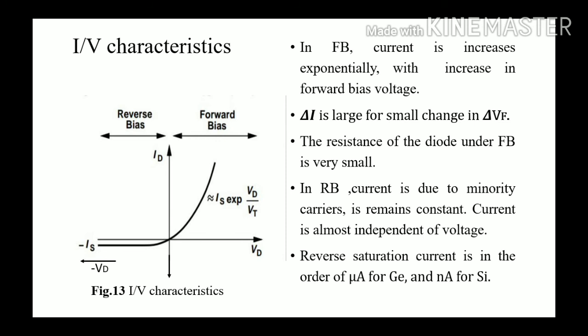In reverse bias, the current due to the minority carriers remains constant. We can see in the figure that the current is almost independent of voltage. So, the reverse saturation current is very small, which is in the order of microamperes in germanium and nanoamperes in silicon semiconductors.